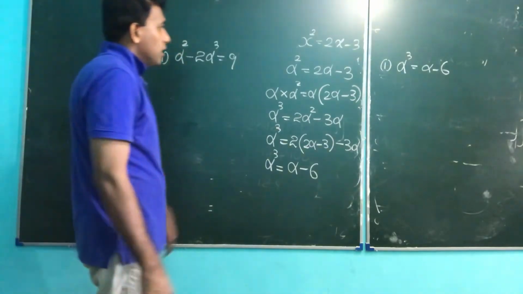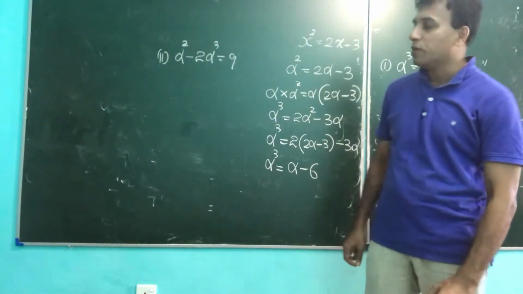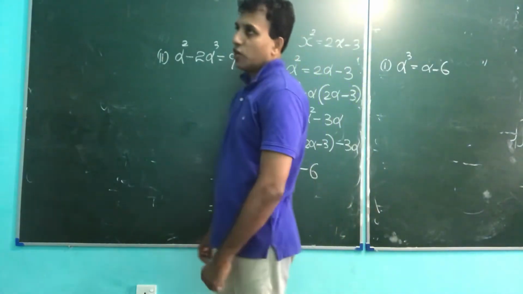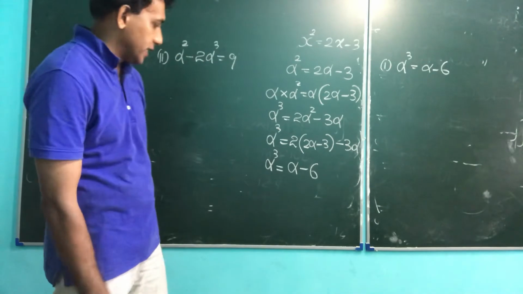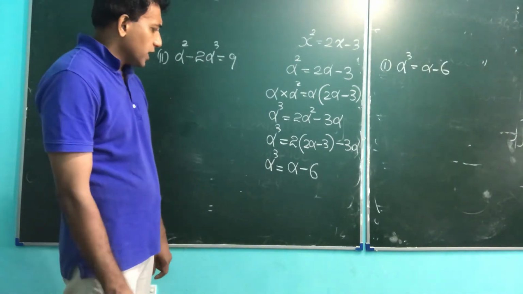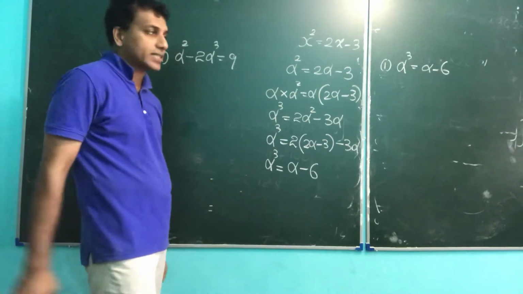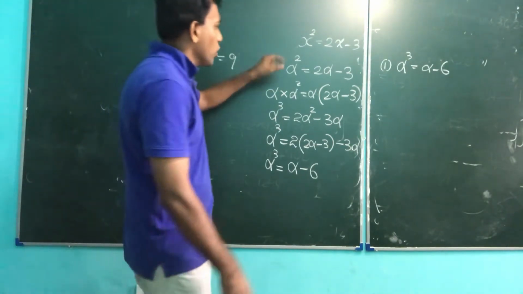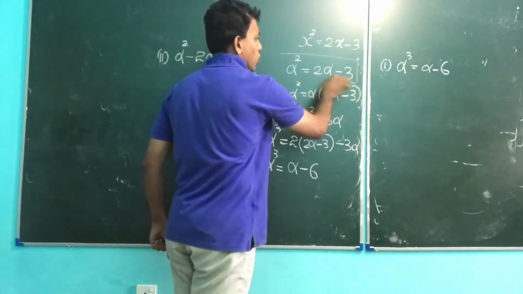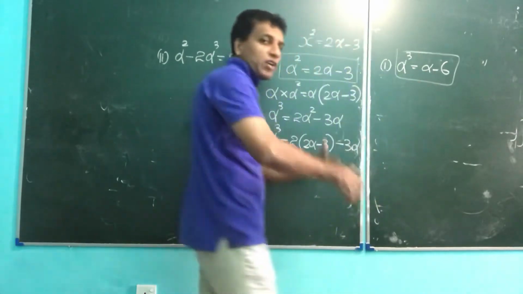What is that? Alpha square minus 2 alpha cube equal to 9. I'm showing you easy methods, an easy route to get the answer. You know alpha square, and also you know alpha cube, using the previous parts.